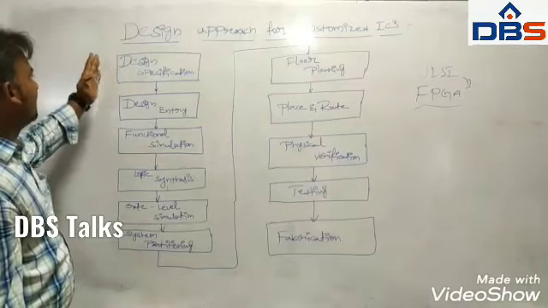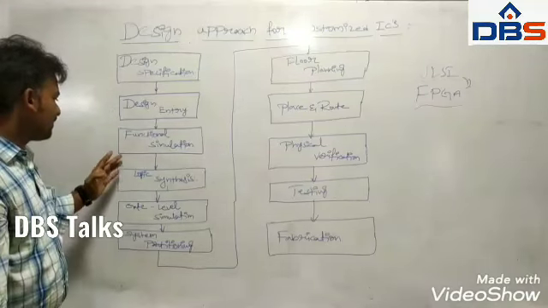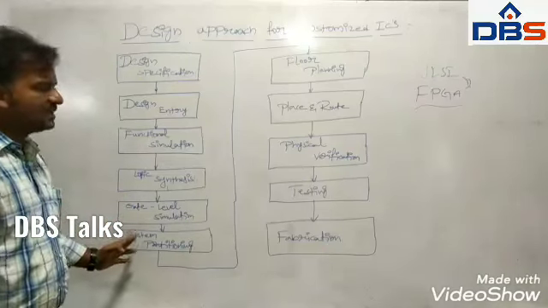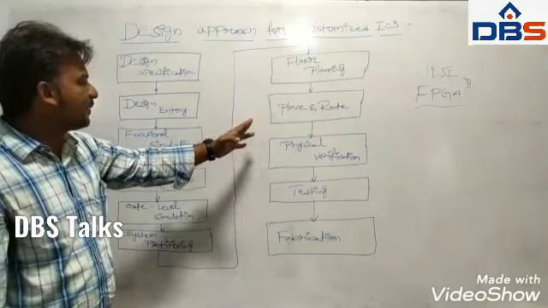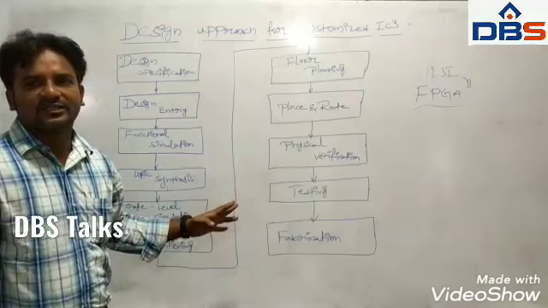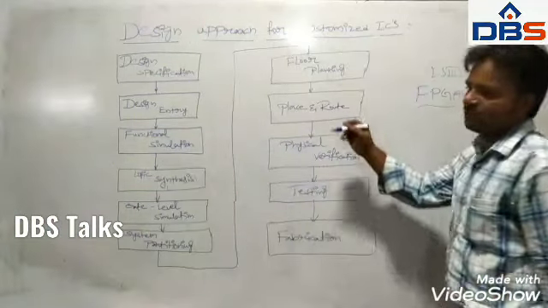Those are design specification and design entry, functional simulation, logic synthesis, gate level simulation, system partitioning, after that floor planning, placement and routing, physical verification and testing, and fabrication. I will tell you how we follow this procedure.